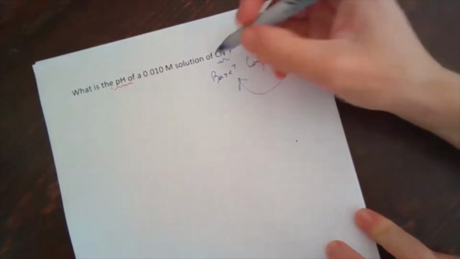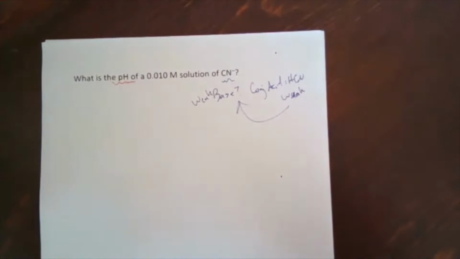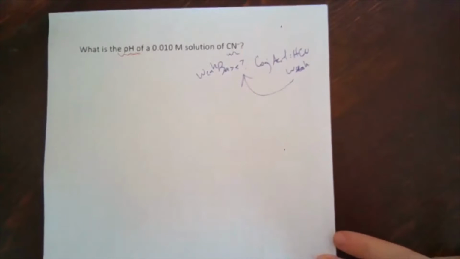Because the conjugate acid is weak, that means CN minus is a weak base. So when you dissolve cyanide in water, you produce some hydroxide that will affect the pH of the solution and turn it into a basic solution.